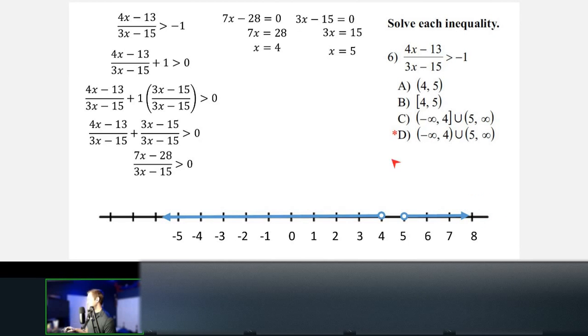I think 10 is an easy number to plug into equations to solve, but we could have plugged in 6 or 7. You would have got true and true. And then I would probably plug in 4.5 into x to see if we get a true statement. But if you plug in 4.5, I promise you're going to get a false statement. So that's why our lines go out instead of connecting.